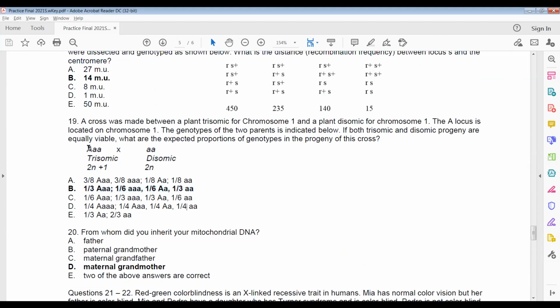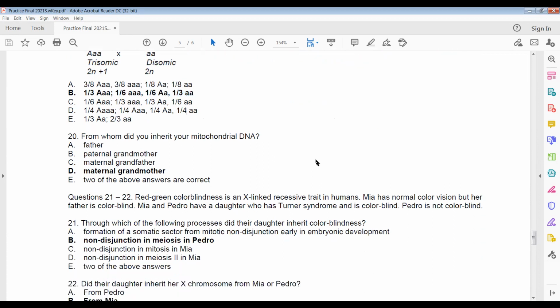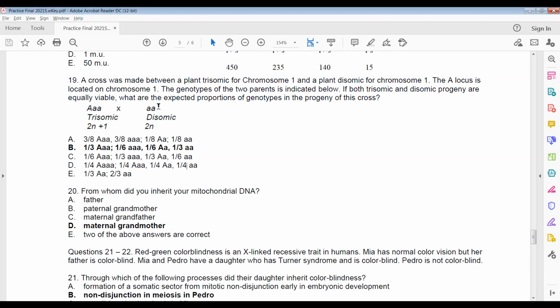If you understand what possible gametes this parent can produce and what the frequencies are, then you can easily figure this out. Because we're talking about the cross, this normal parent can always contribute a lowercase a.